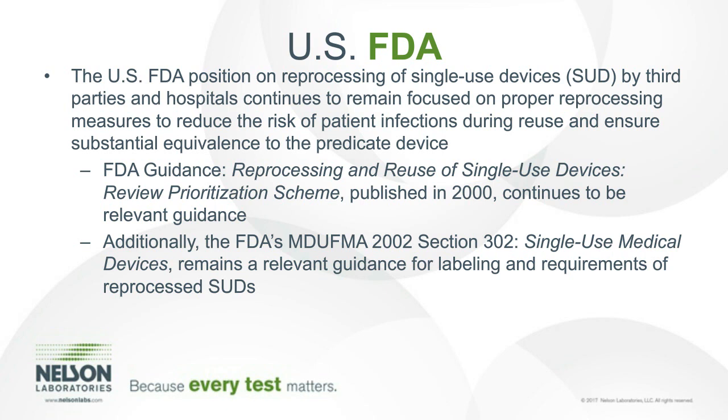Additionally, the Medical Device User Fee and Modernization Act of 2002, commonly referred to as MDUFMA, provides additional requirements, specifically in Section 302, for reprocessing of single-use medical devices. Again, these documents remain in place in the U.S. as relevant references for the reprocessing and labeling of devices.